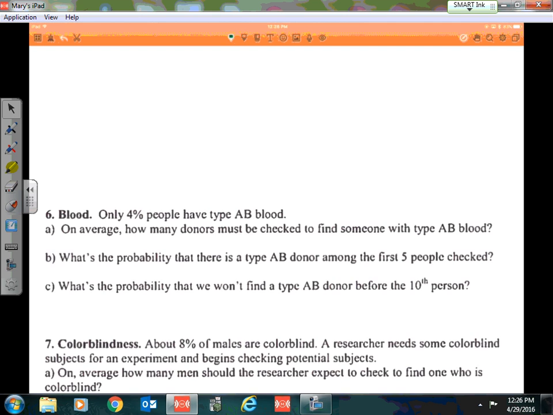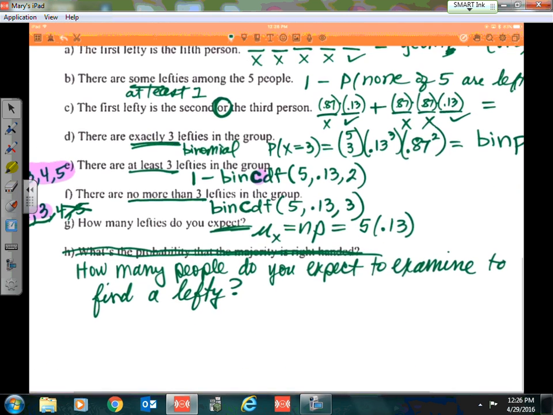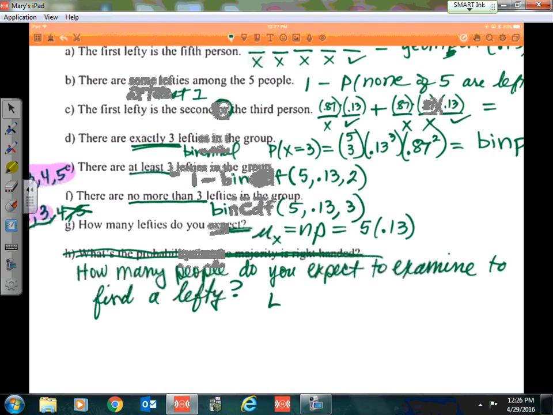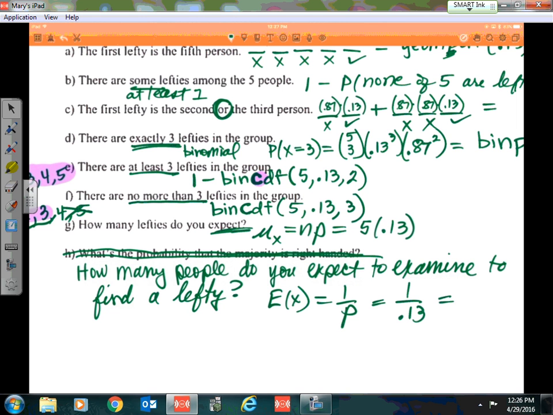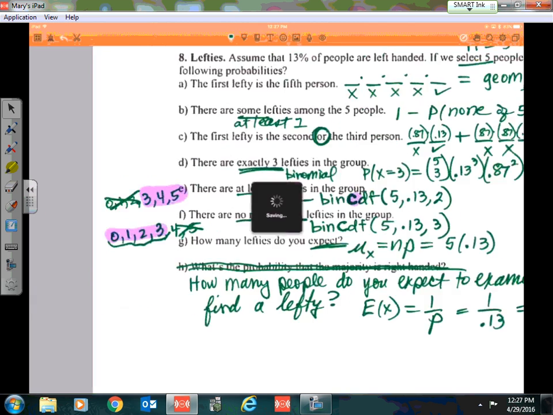So how are you going to do that one? Yep. So that is the expected value for geometric, which is 1 over p. And so that's 1 divided by 0.13. No, you do not round, because this is on average how many you would expect to go. Yep. Okay? All right. So that's all that I'm going to have us go over right now.